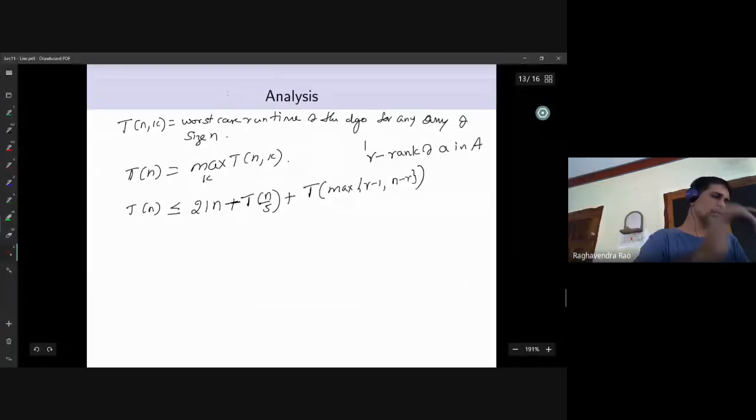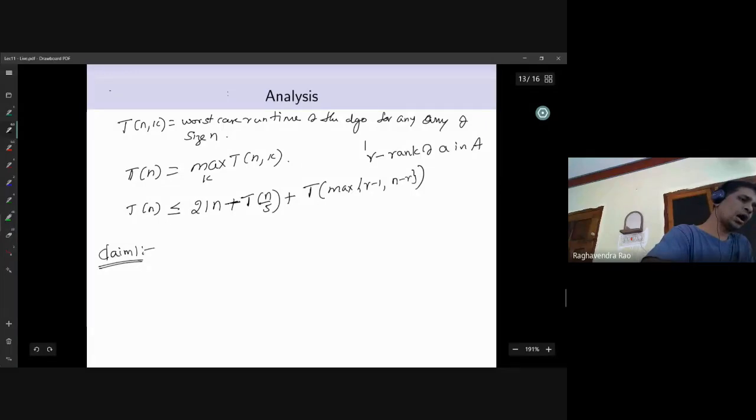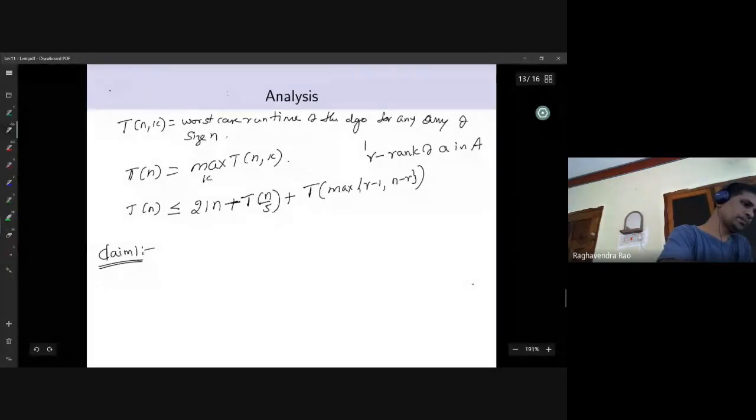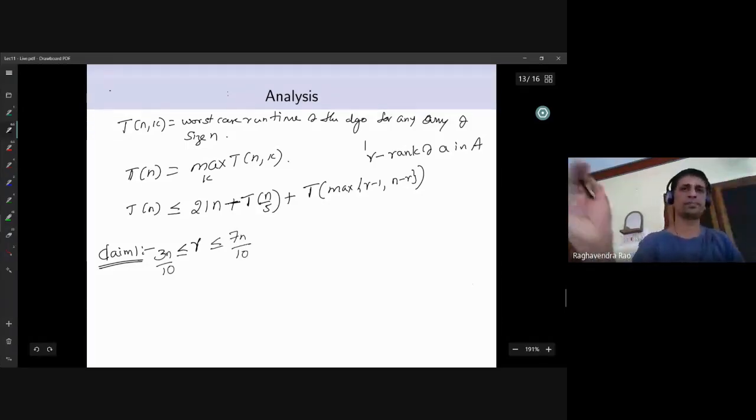So I'll make one claim, let's call it claim 1. R is at least 3n by 10 and at most 7n by 10, plus or minus 1.